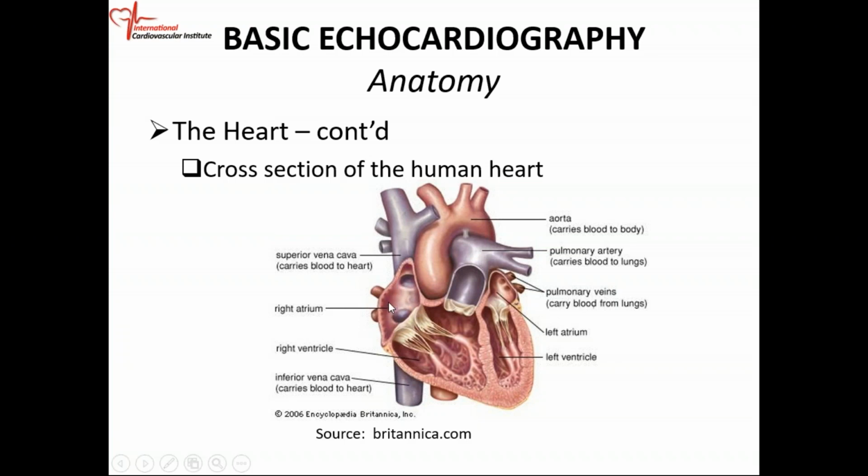Then the blood from the right atrium is going to flow across the tricuspid valve into the right ventricle. Then this deoxygenated blood is going to leave the right ventricle through the pulmonary trunk. This is the pulmonary trunk.